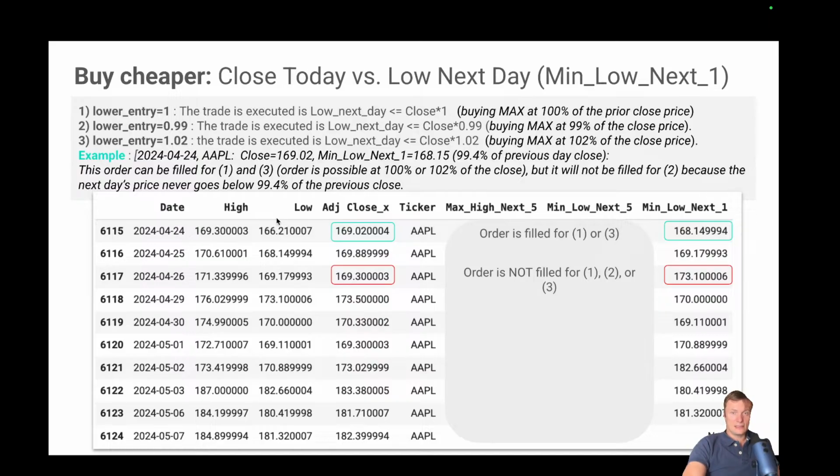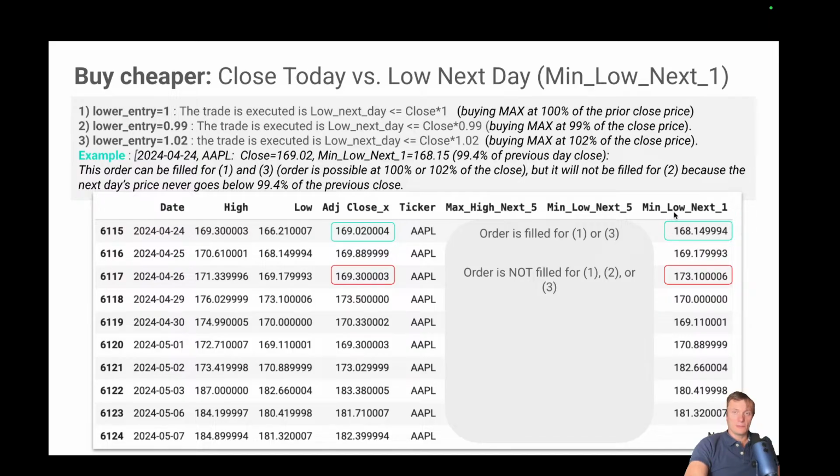So here you can see the example. That's from last year, where we had an adjusted close column and not a close column. Let's assume that Apple was predicted to grow on the 24th of April, and you want to buy it the next day. You can calculate during the simulation phase the minimum value of the price on the next day.